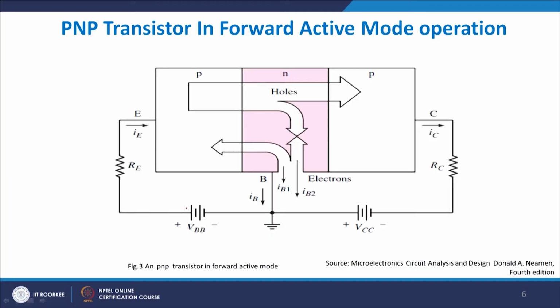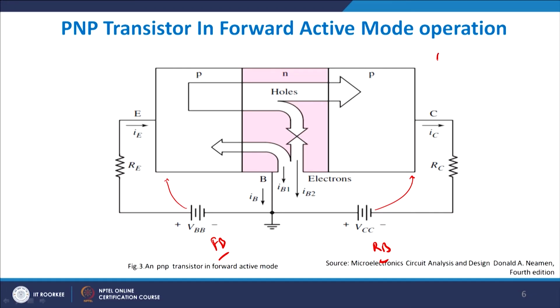The same concept as in the previous case, the only thing is the polarity of the battery will now be reversed. You will have VBB in which the positive end is connected to the P type, and VCC whose negative end is connected to the P type. So this will be reverse biased and this will be forward biased. We are keeping the same concept exactly as in the previous case and trying to formulate a policy for finding the current.